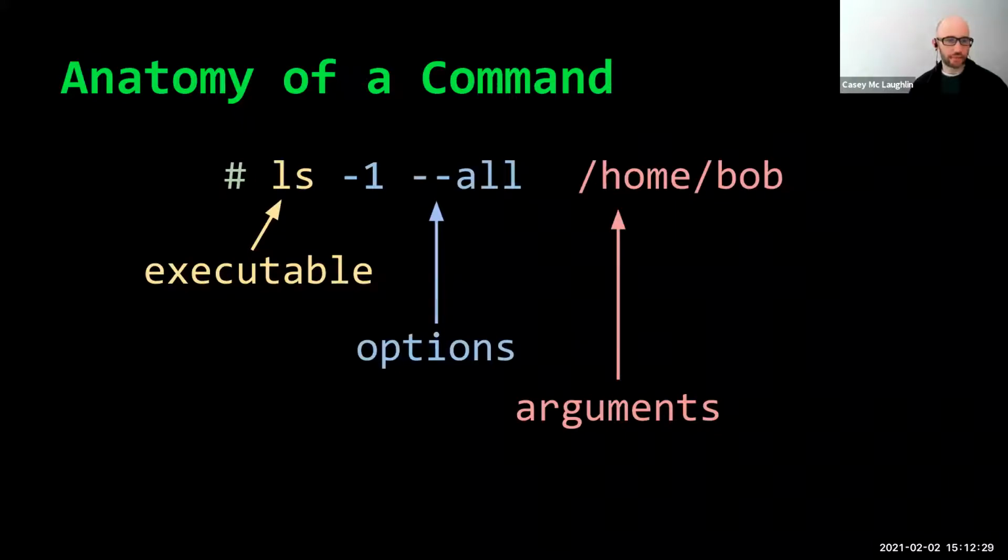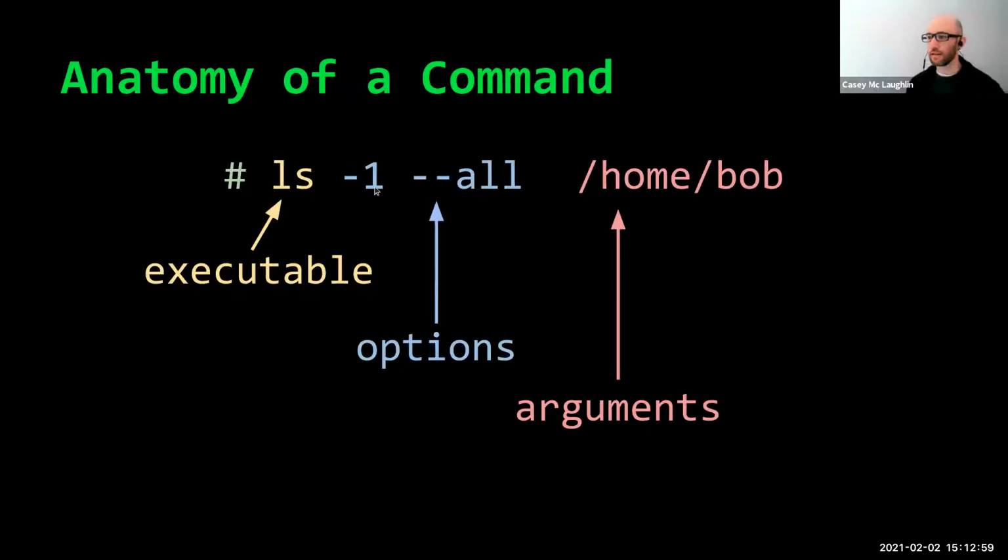All right. The next part of the command line statement, the options, tell the command how to operate, changing the behavior of the command or telling it to perform different actions. We'll see some examples in a moment, but here the option -1 instructs the ls command to print each item on an individual line, rather than the default output.